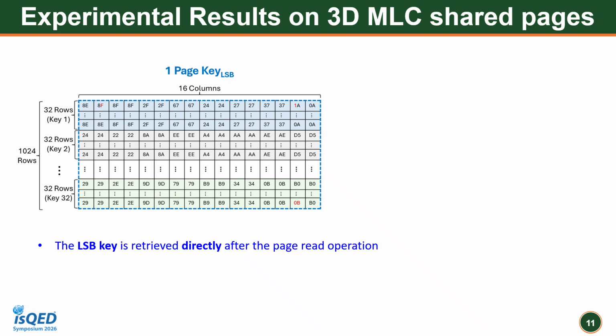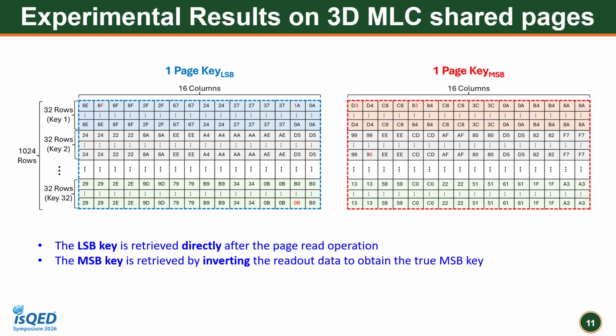You can see here that the LSB page key is actually retrieved directly from the page read operation, as I mentioned earlier. We see the same pattern, where the first 16-byte sequence starts for 32 rows, repeated for 32 rows, and then the next 16-byte sequence starts and is repeated for another 32 rows. We see the same behavior in the MSB page.